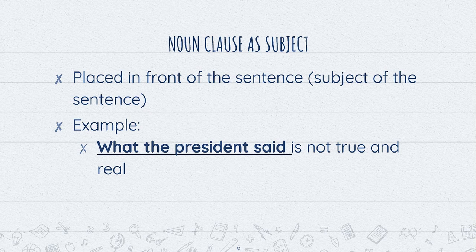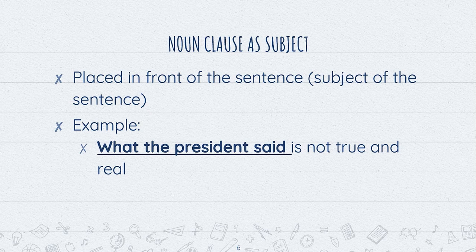Now we will continue. As I mentioned before, the noun clause can be used to replace five components of a sentence. It can replace the position of subject, object, and then subject complement, object complement, and also appositive.